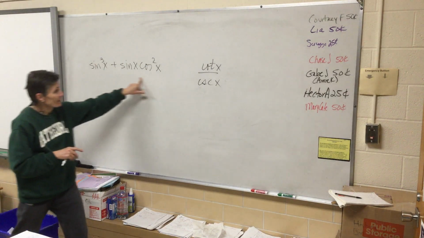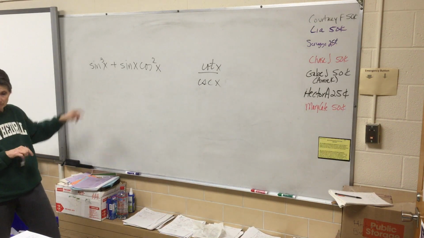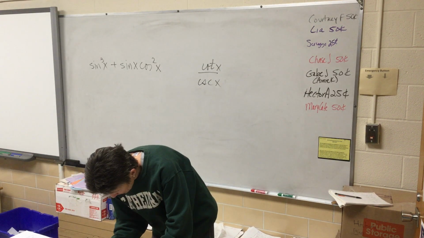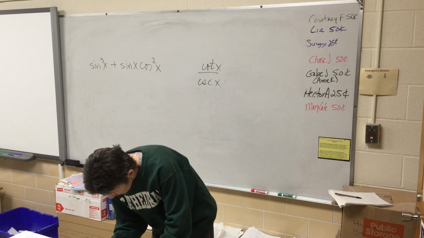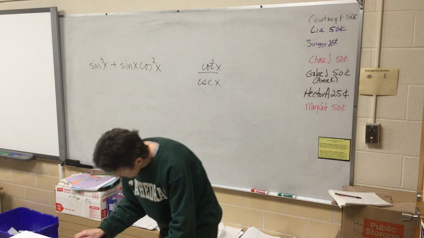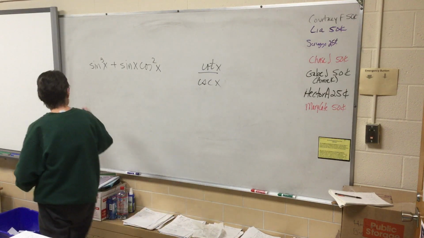Can we do anything with that? You can take one sine out. Okay, we call that factoring. We absolutely can factor. That's a great suggestion. So let's take out a sine.